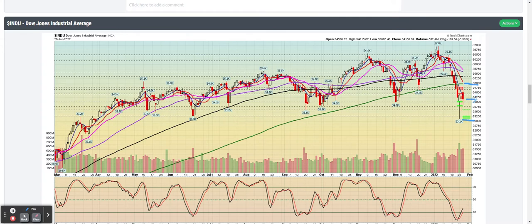Now you're here in the middle, so I don't really see an advantage of playing it long or short. I would have to see some price consolidation before considering trading this index.